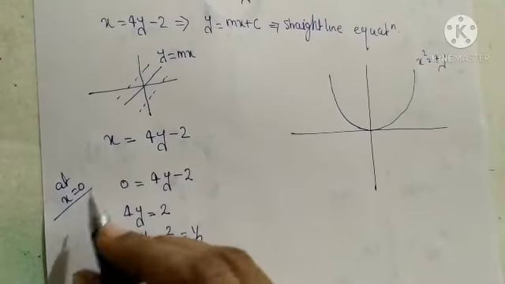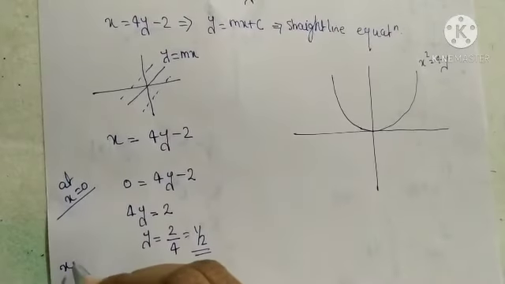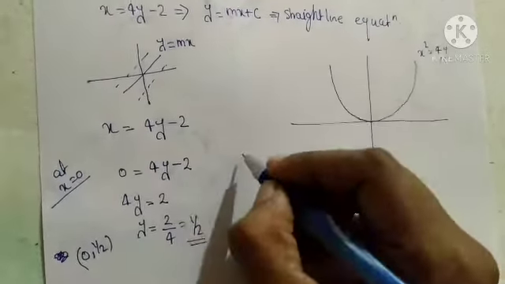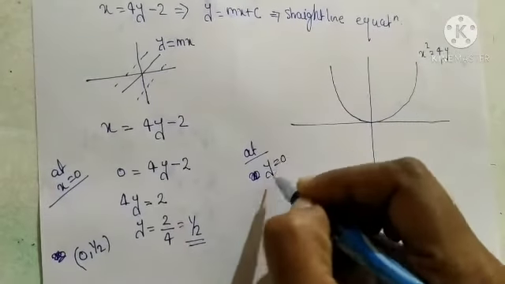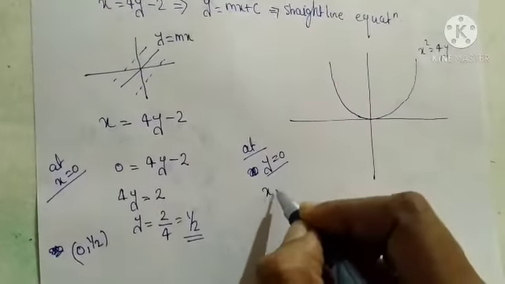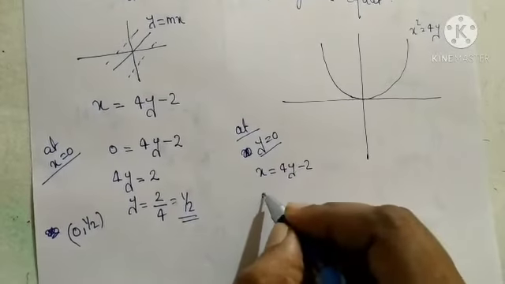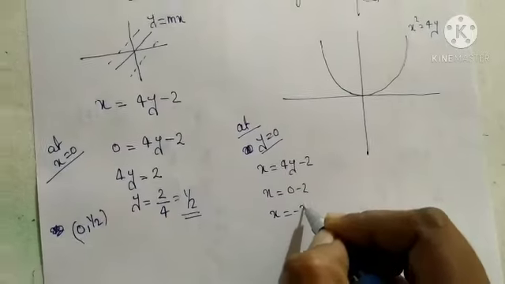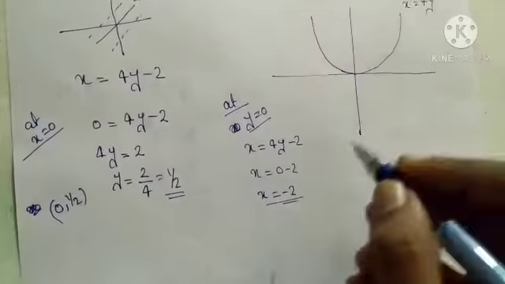So the first point the straight line moves through is (0, 1/2). Next, put y equal to 0 in this equation, x equal to 4y minus 2. Putting y equal to 0, x becomes 0 minus 2, or x equal to minus 2. So the next point the straight line moves through is (minus 2, 0).